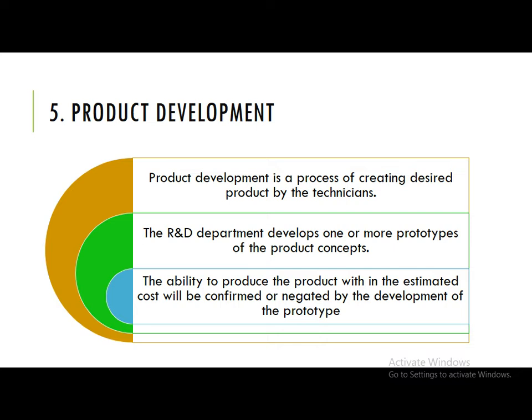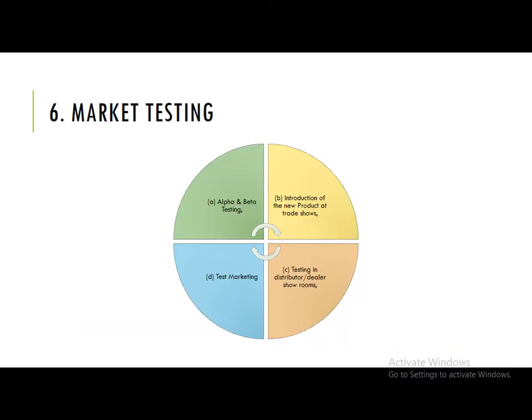After this, the sixth stage will be market testing. Market testing itself is a wider concept, where market testing is done by using different methods. These different methods include alpha and beta testing. Then second is introduction of the new product at trade shows, or it can be testing in distributor or dealer showrooms, or a fourth, that is test marketing.